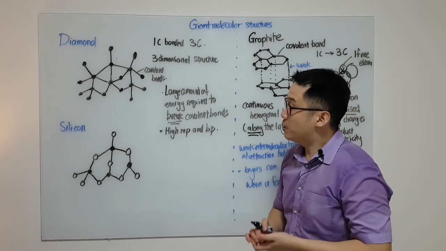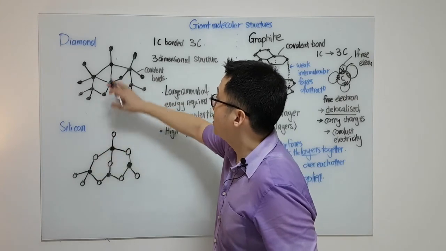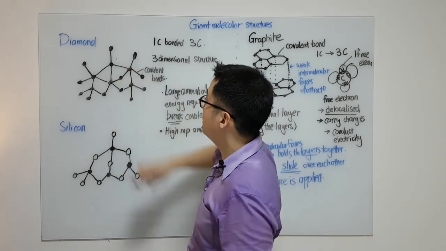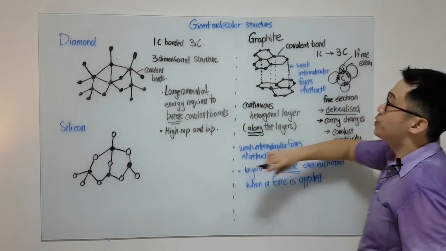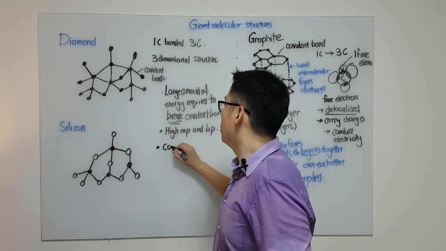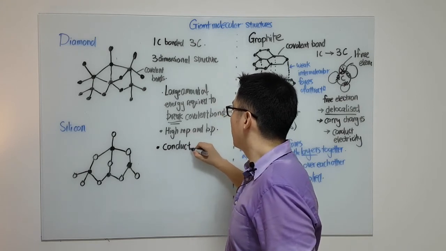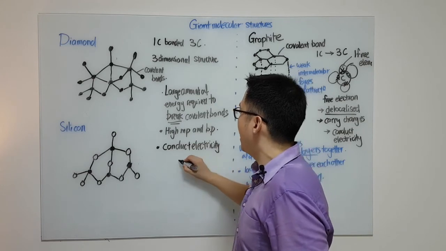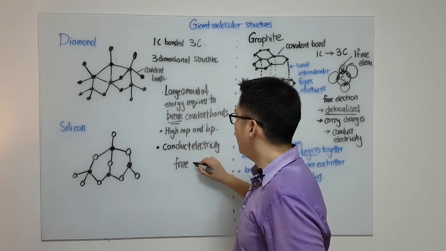Next, as you can see, in your diamond, there are no free electrons because every carbon's electrons here have been used to form covalent bonds. So as a result of this, they do not conduct electricity because there are no free electrons.